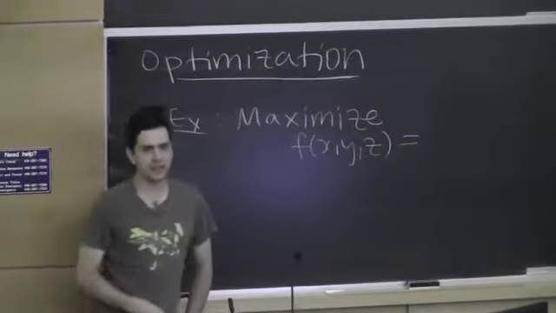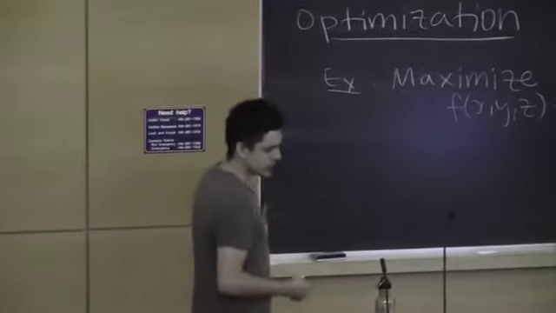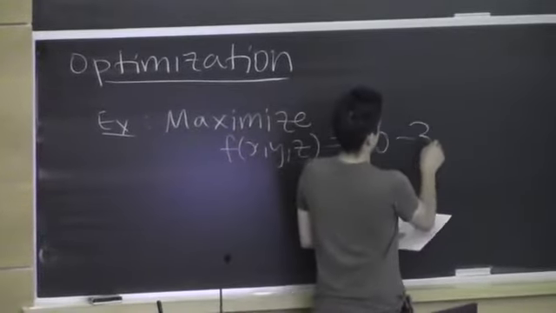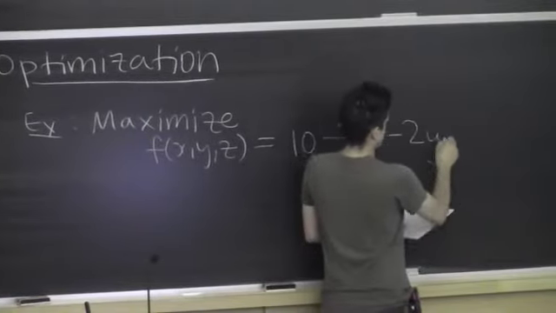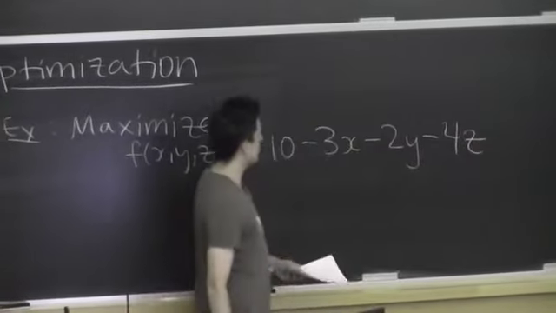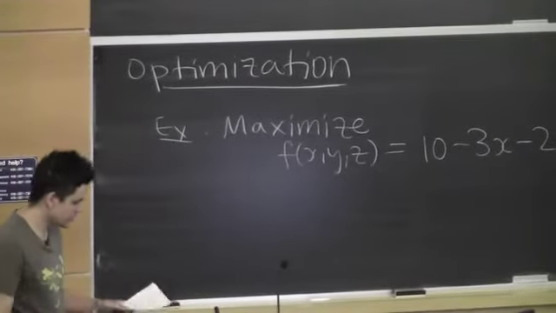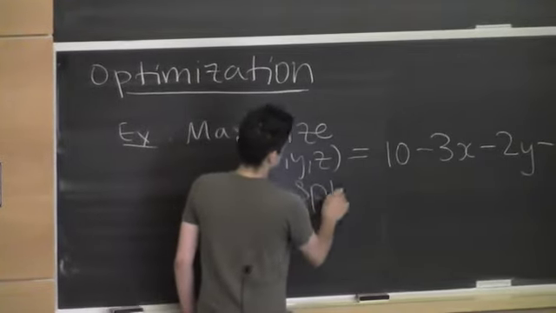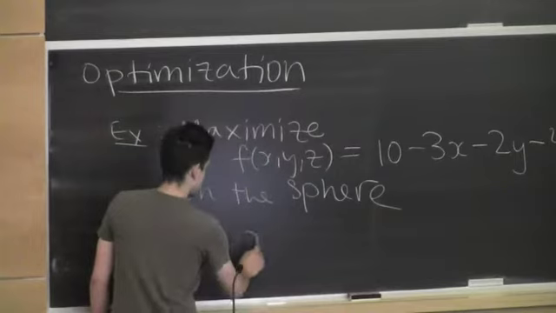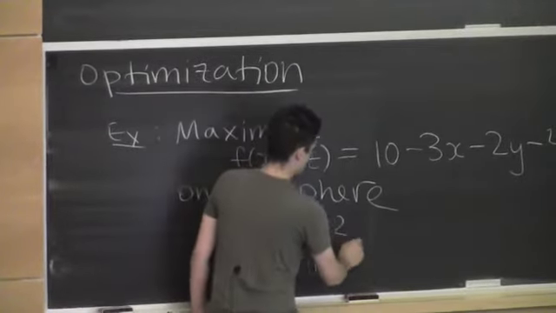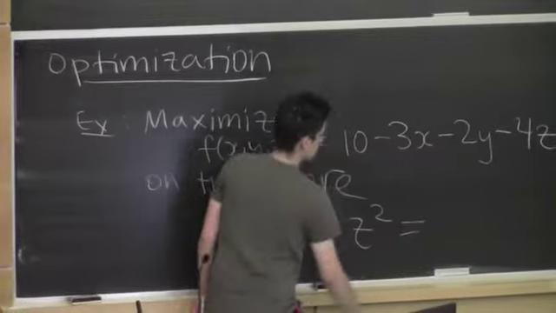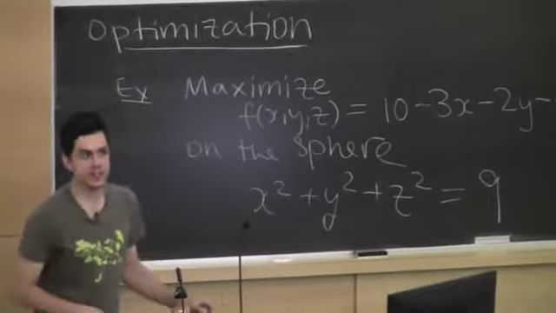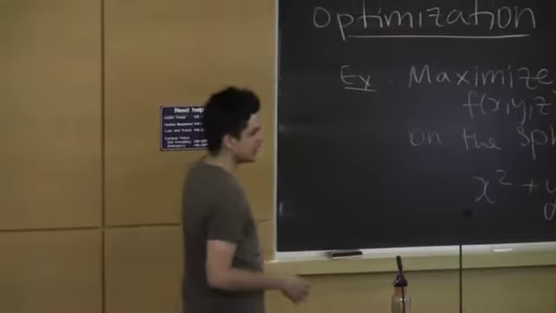We wanted to maximize a given function, which was the following guy, on the sphere x squared plus y squared plus z squared is 9. So we wanted to maximize that function on the sphere of radius 3.